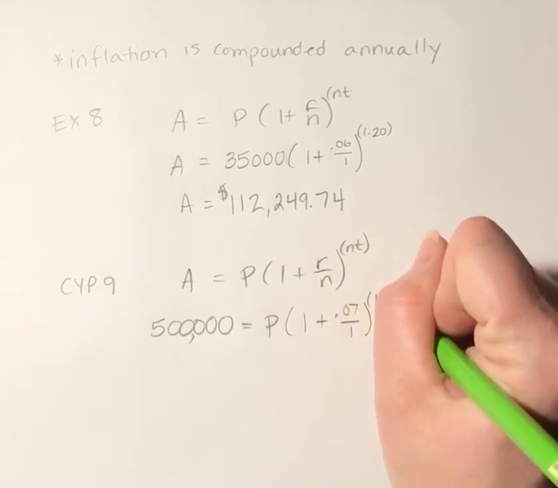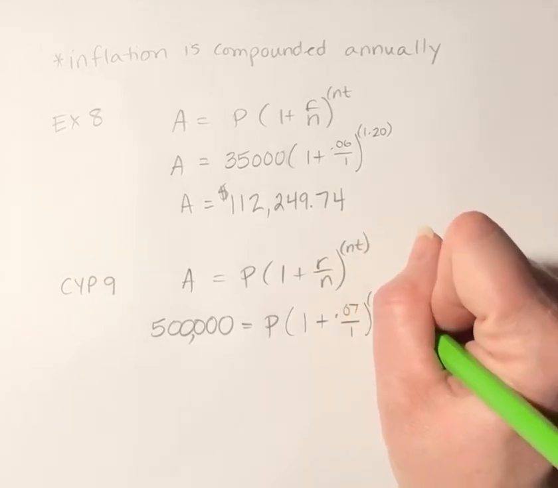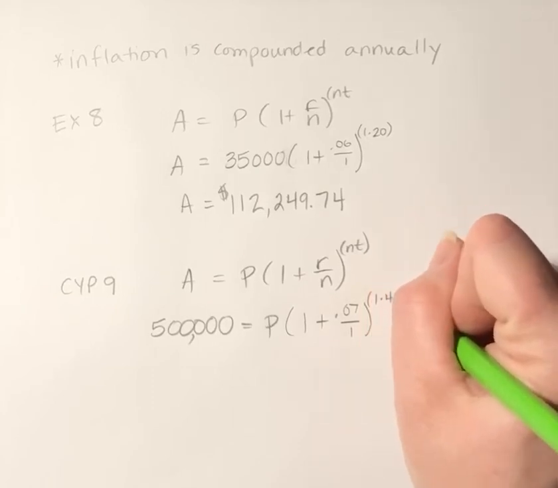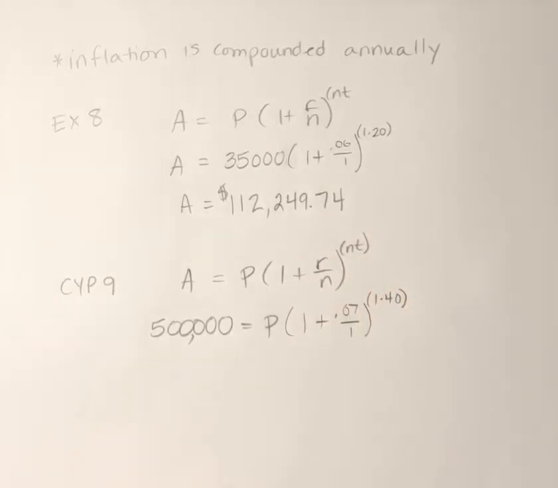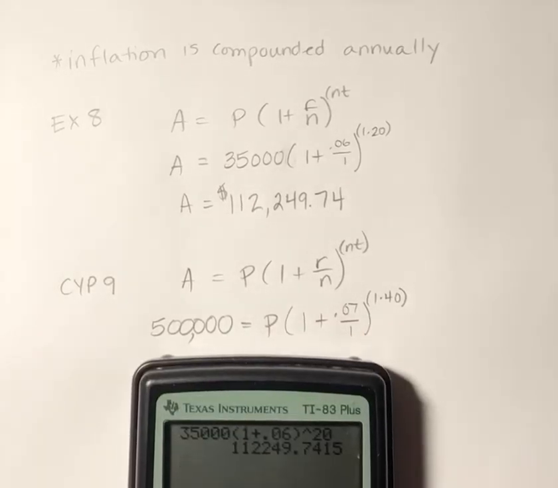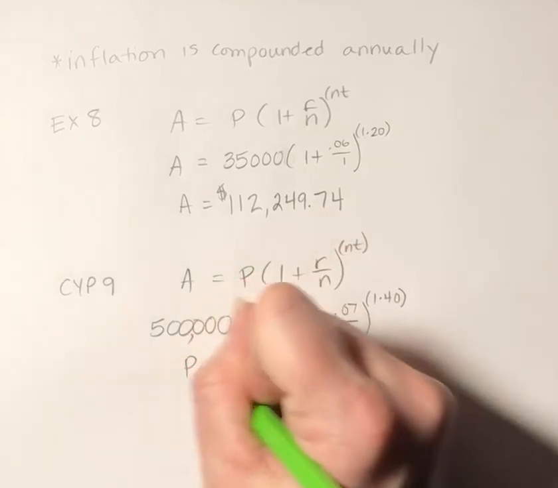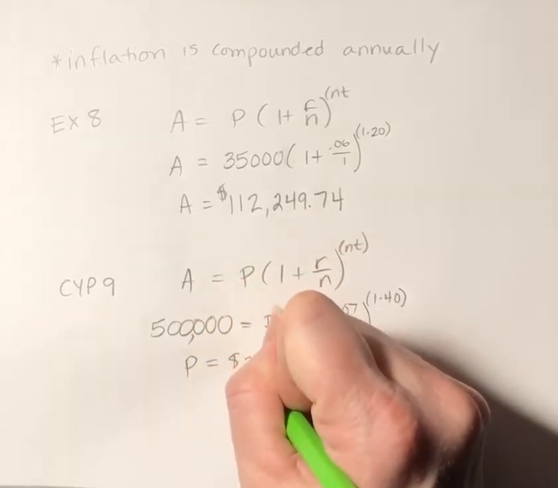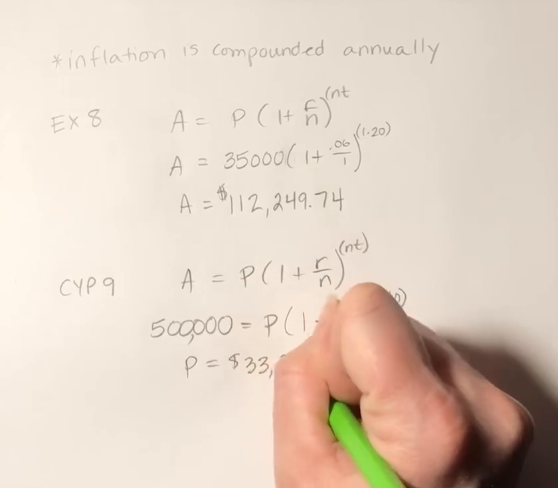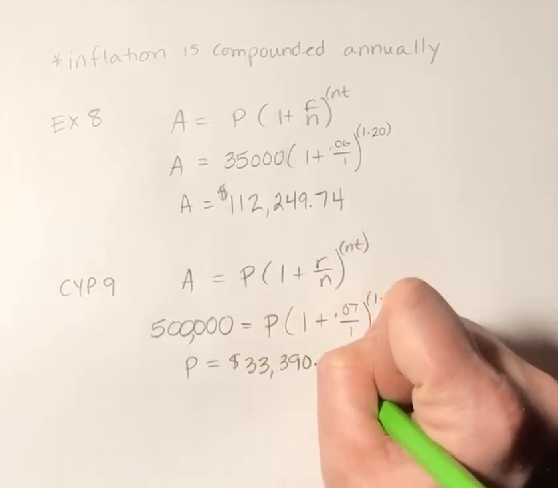And then for 40 years. So I'm going to take this divided by this. So the present value would have been $33,390.19.